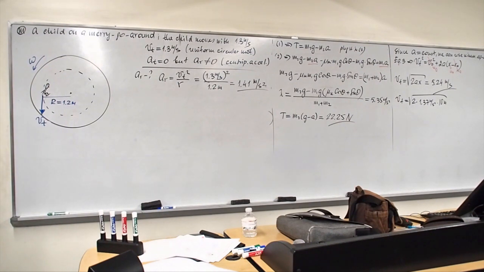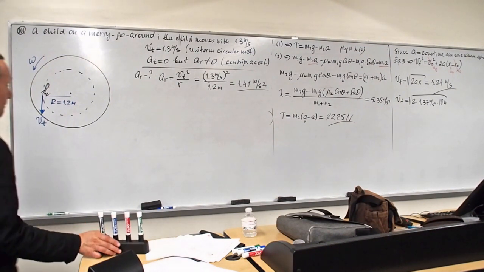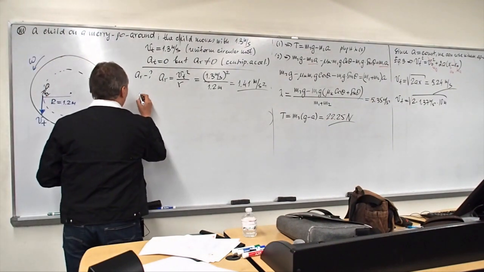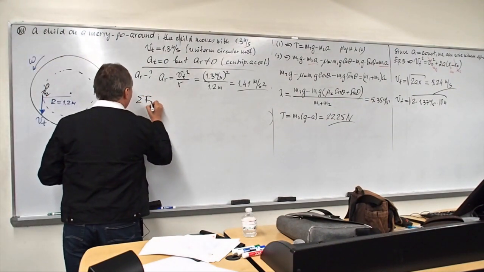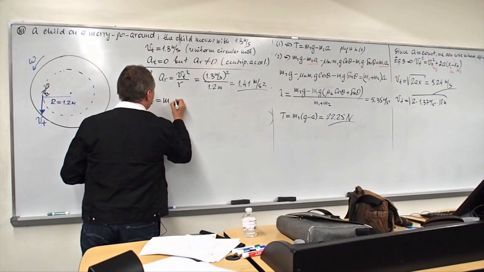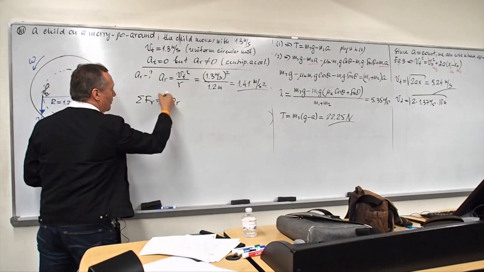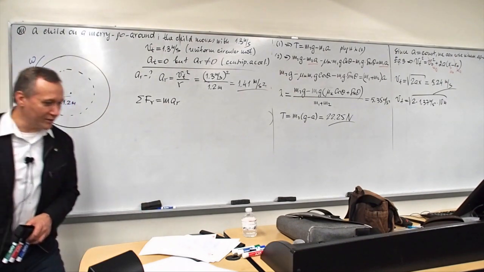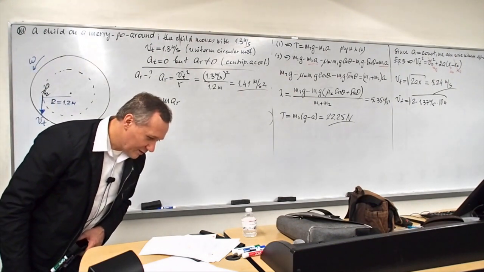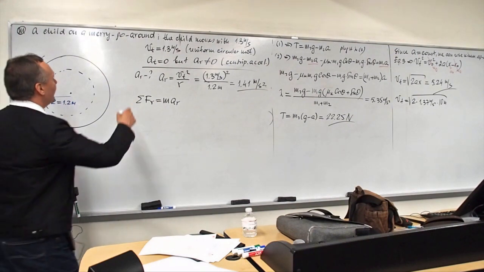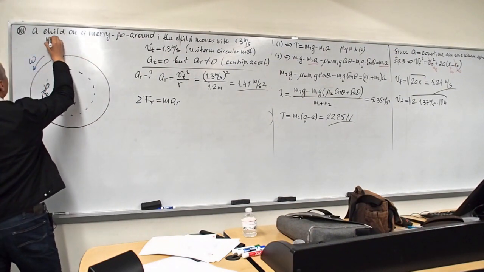But according to Newton's second law, the sum of the forces in the radial direction equals m a_r. We know the acceleration we just found, multiplied by the mass of the child, which I didn't give you, but it's given.